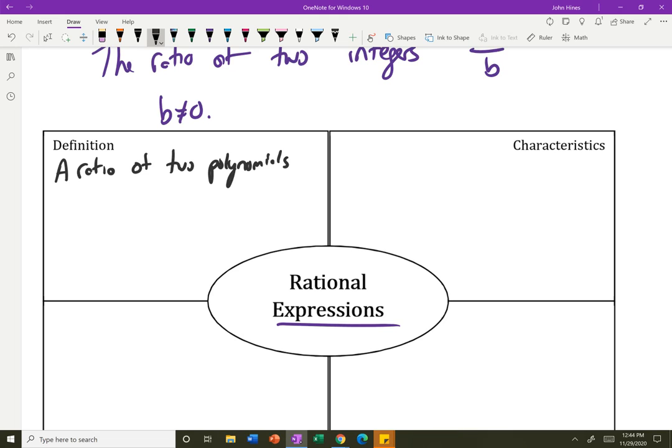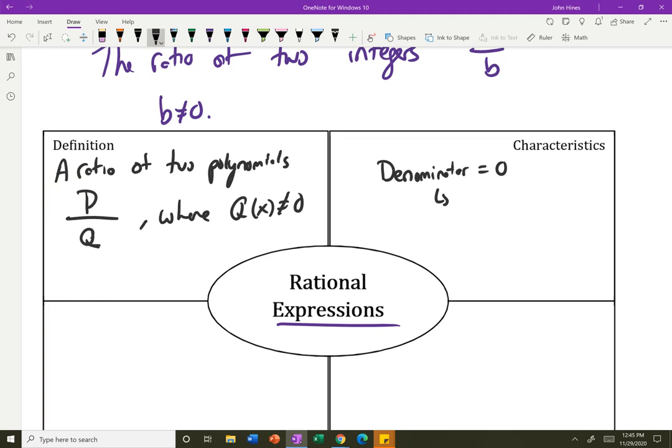It's the ratio of two polynomials, p over q, where q of x can't be 0. Your denominator cannot be 0. We call those values where the denominator equals 0 the values that make me undefined.